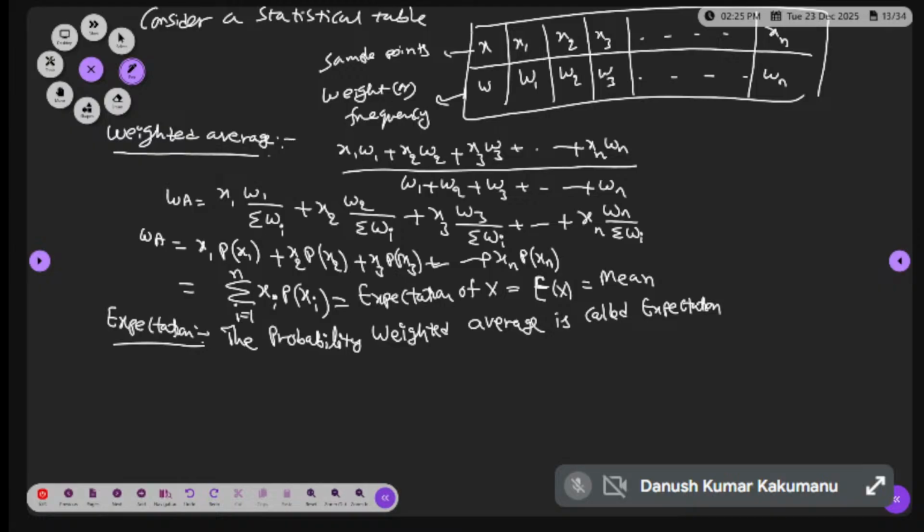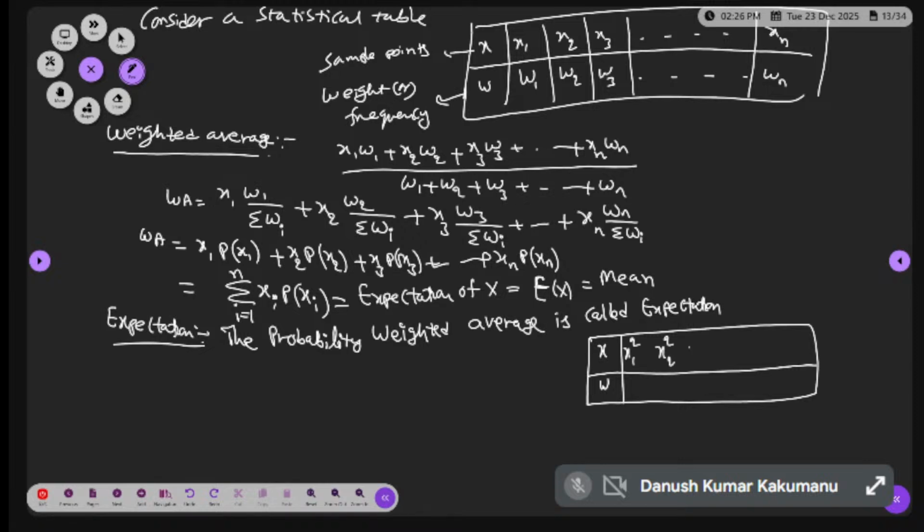Okay. If you take the squares of the sample points, x and omega, we are taking x1 square, x2 square, x3 square and so on, xn square, with weights omega 1, omega 2, omega 3 and so on, omega n.